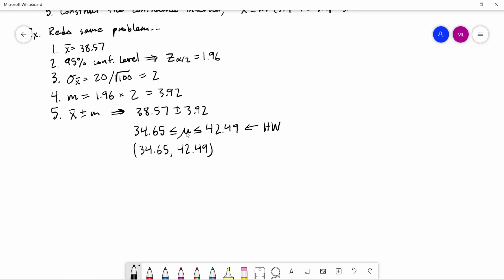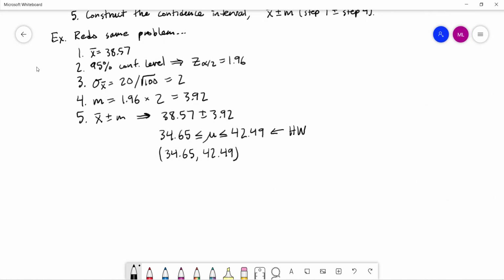But that's it. That's how you can do one of these problems by hand that quickly. Once you have the process down, it goes quickly. And in fact, this same 5-step process is what we'll use for all the confidence intervals that we'll do in the subsequent sections as well. It'll be very similar.